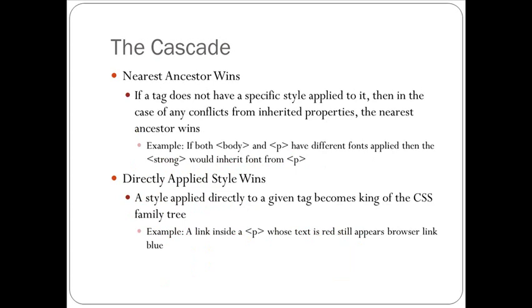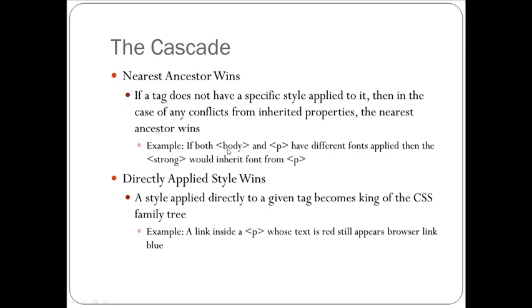If a tag does not have a specific style applied to it or property, then in the case of any conflicts from inherited properties, the nearest ancestor would win. So if you had both body and paragraph elements and they have different fonts being applied to them through the cascading style sheets, the strong would inherit from the paragraph.